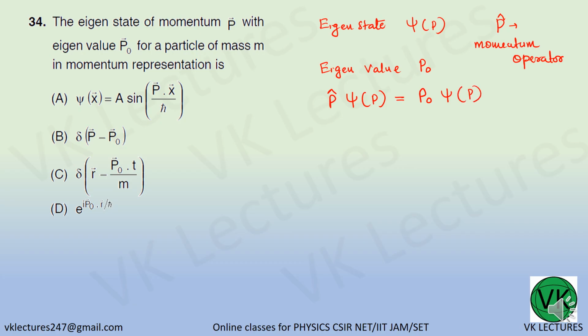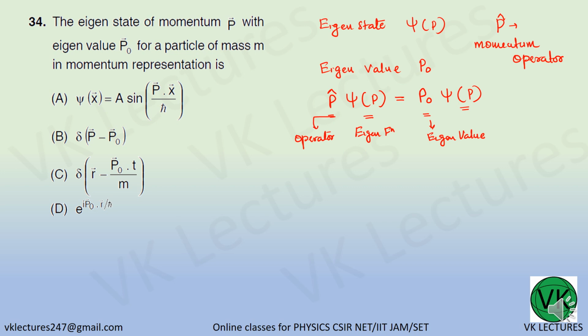So this is the operator, this is the eigenstate, this is the eigenvalue, and this is the wave function or eigen function. When the momentum operator acts on the eigen function, you get the eigenvalue times the eigen function.